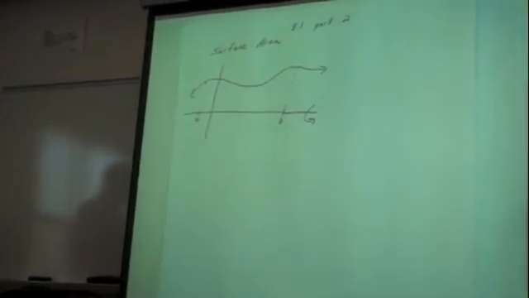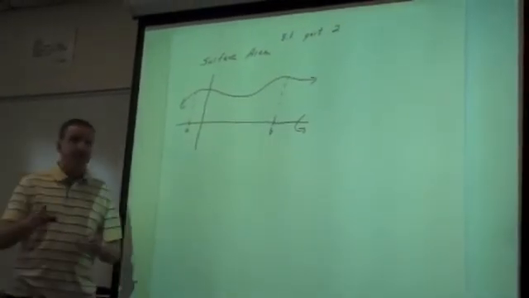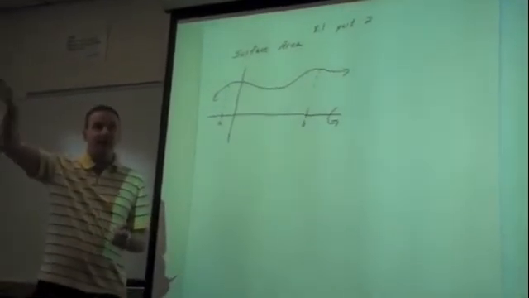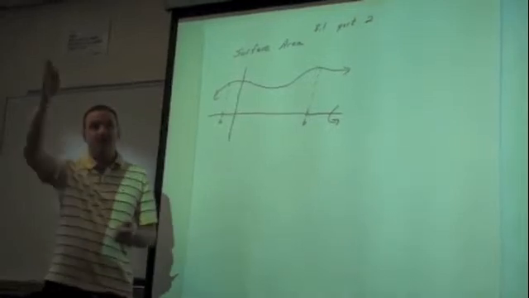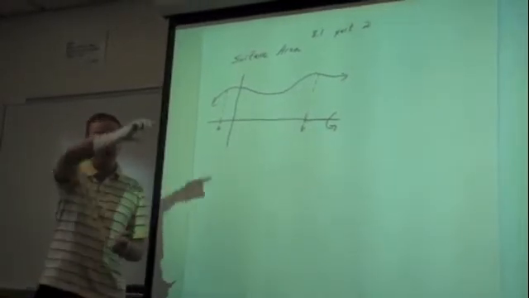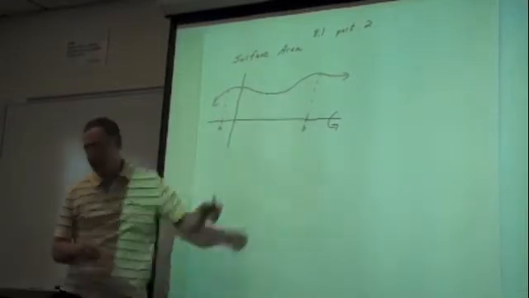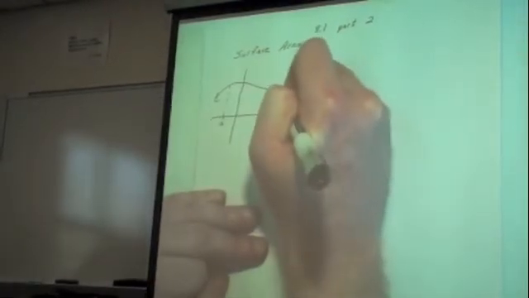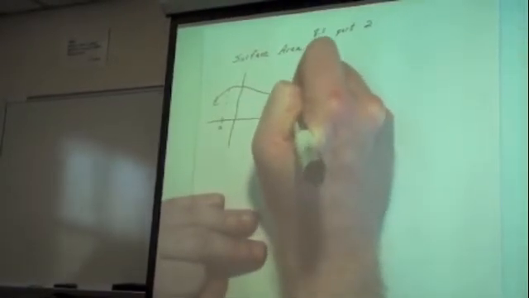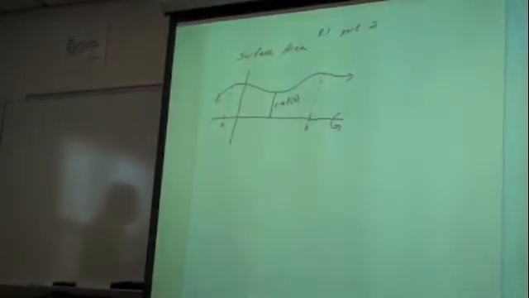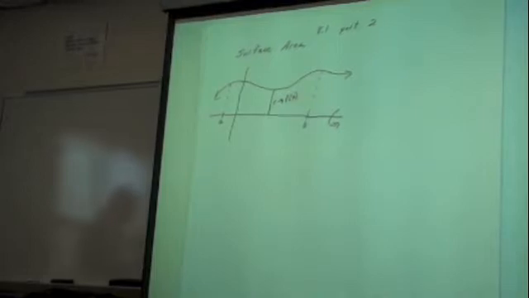So I'd say, well, okay, surface area, all I'm going to have to do is find the distance of the outer region times the surface area of the circle formed by the solid. So I'll just say, well, okay, I know that my radius here, the r value, is going to be whatever the function is. I'll say the r value is f of x. That's going to be the distance above the x-axis.